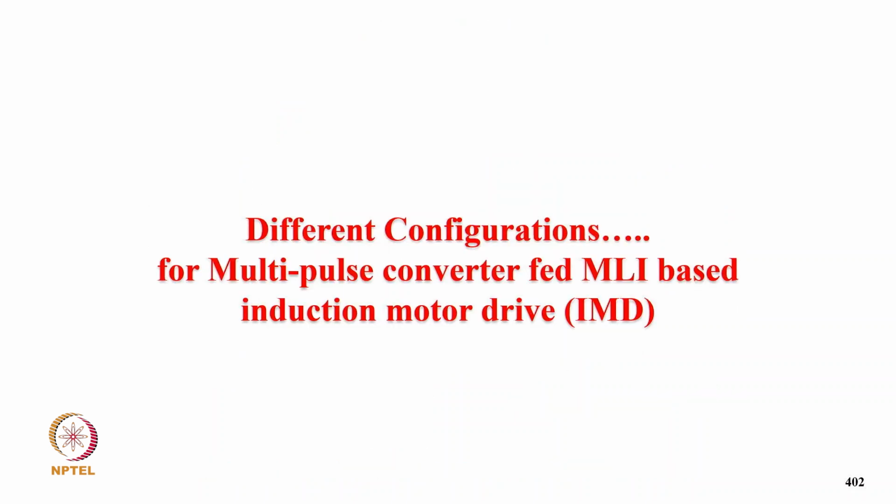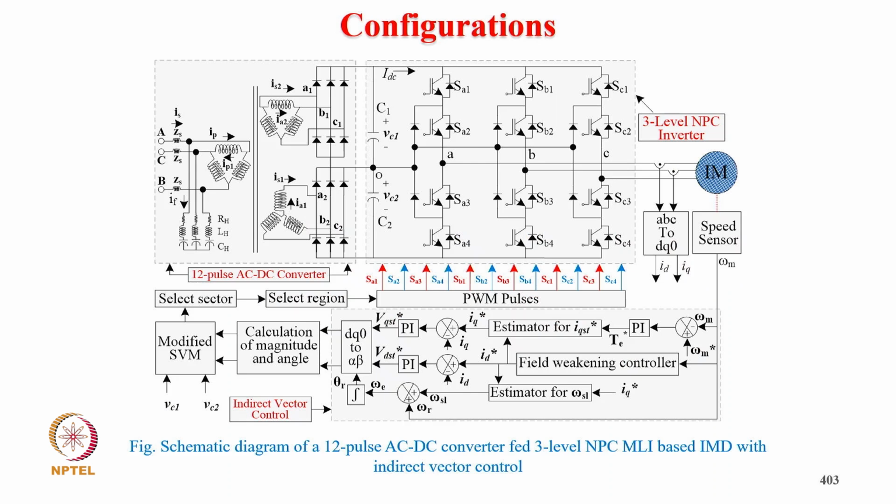So coming to different configurations for multipulse converter fed multi-level inverter induction motor drive, this is typically the first case, the schematic diagram of a 12 pulse AC/DC converter fed 3-level neutral point clamp multi-level induction motor drive with indirect control.